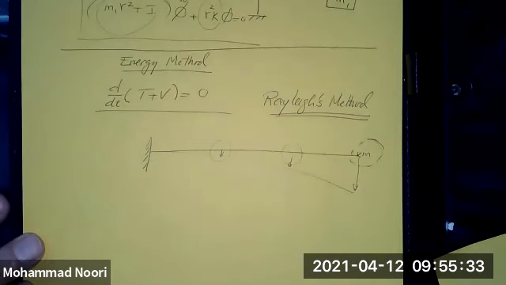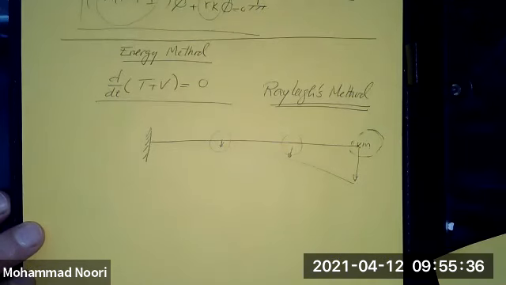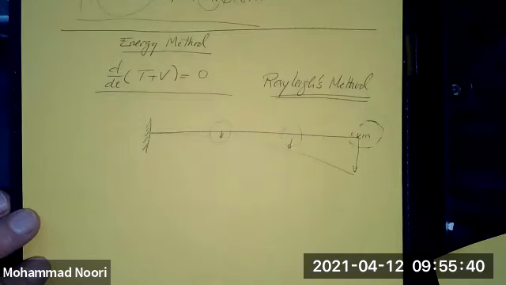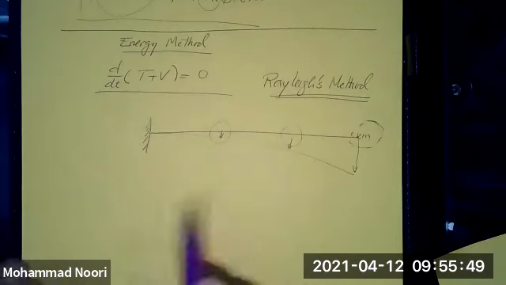This is what Mr. Rayleigh did, which laid out the foundation for, in fact, deriving the equation of motion using the concept of conservation of energy, or the conservative system. He said, okay, let's start with a simple problem.